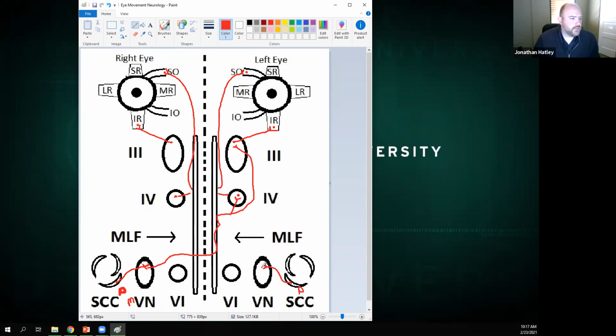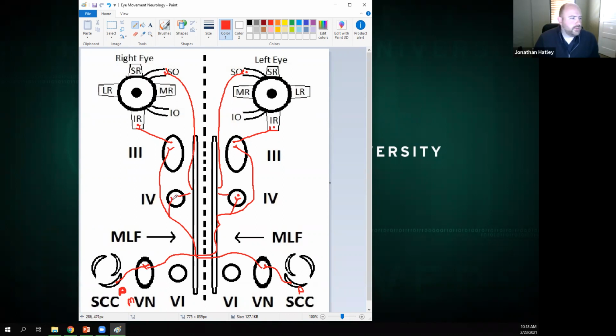The next neuron in the chain is going to leave the vestibular nucleus and cross over, or decussate, and then get into the MLF on the opposite side and ascend to the layer of the midbrain. Once it's in the midbrain, it's going to exit the MLF, and it's going to make connections in the specific oculomotor nucleus that it needs to in order to elicit that depression.